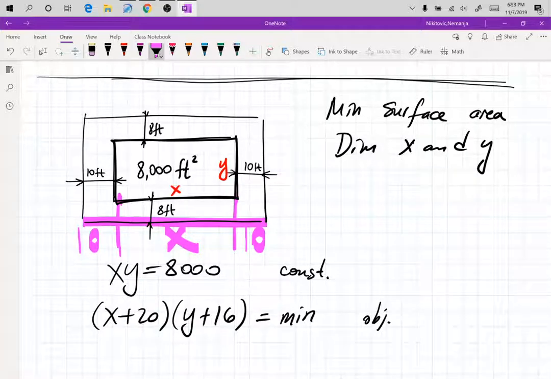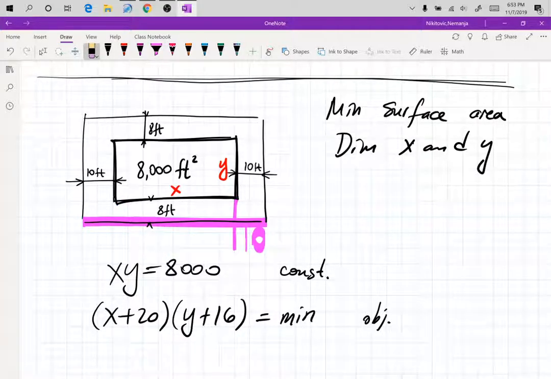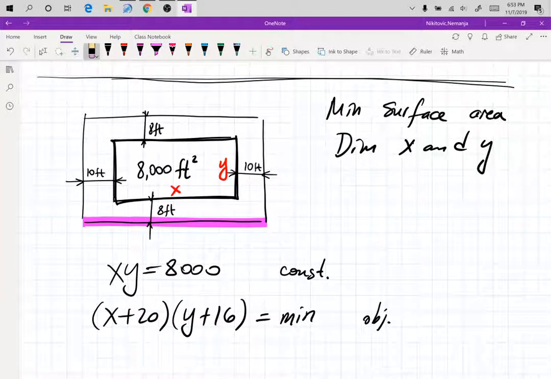And then you do the same thing on the side, where you have y in the middle, and then 8 and 8. 8 plus 8 is 16 and a y. So now we understand how we got to the equation. And all we need to do now is to compute that, and we're done.